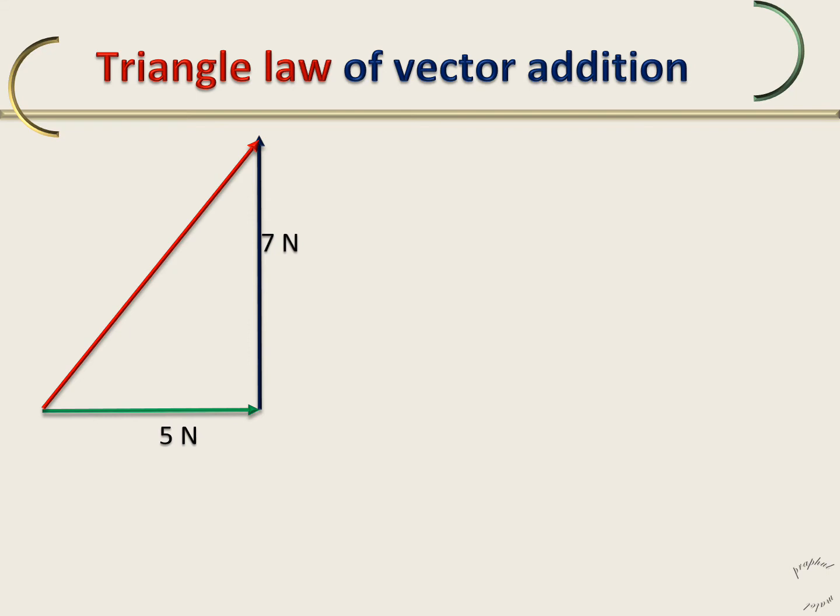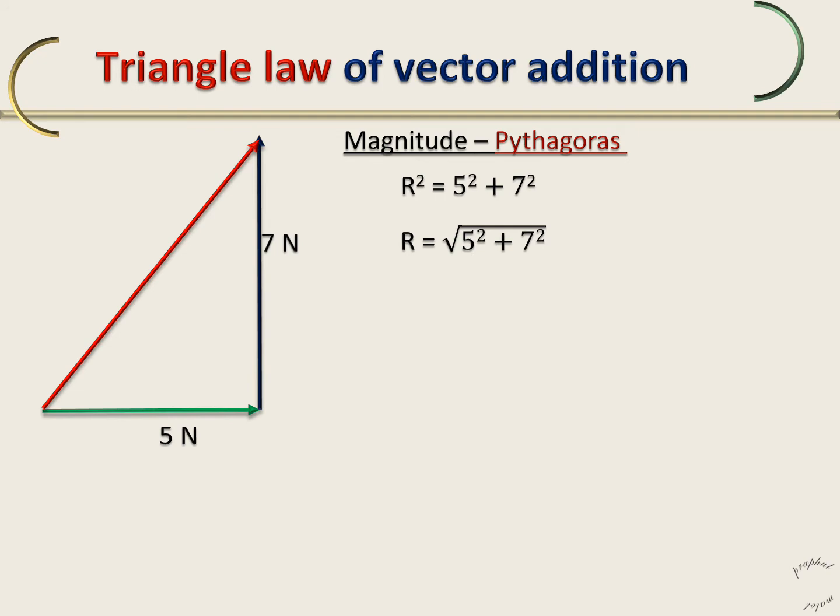So what you did is just made the sides continuous, or head to tail. Then you can calculate the magnitude using Pythagoras theorem. You will get the magnitude of the resultant, that is 8.6. So the magnitude of the red colored resultant is 8.6. Now you will even be asked to find the direction.